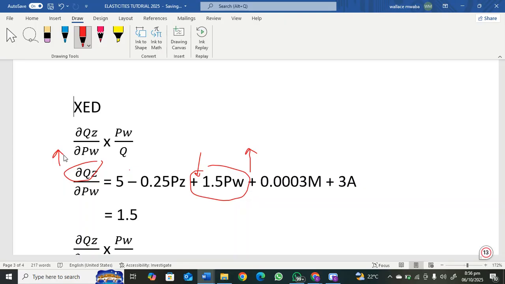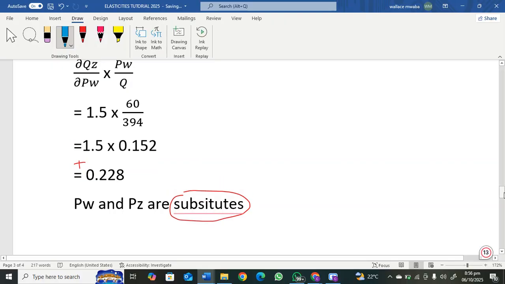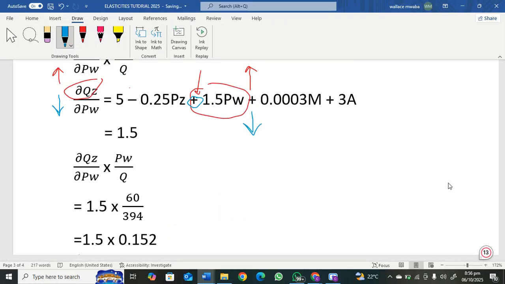If the price of PW goes down, it means good W is cheaper than good Z. So people buy more of good W and less of good Z, meaning quantity demanded of good Z is going to go down. So just by this positive sign here, you can already tell that these are substitute goods. But according to cross price elasticity of demand, you need to calculate.